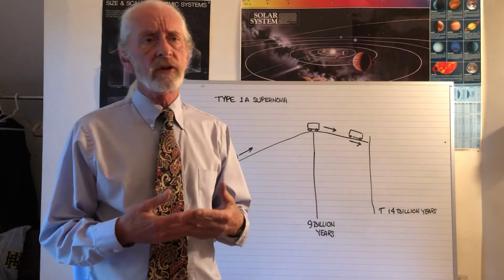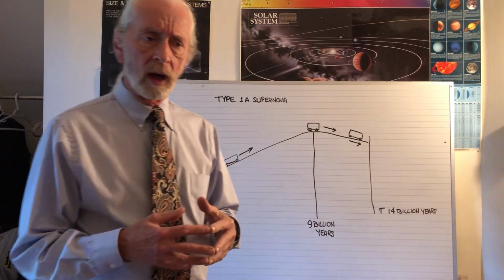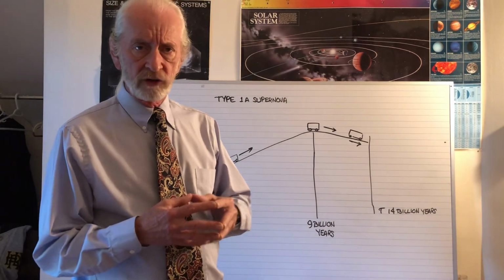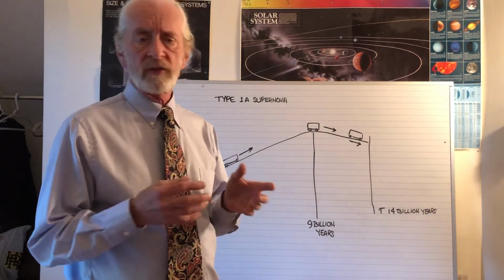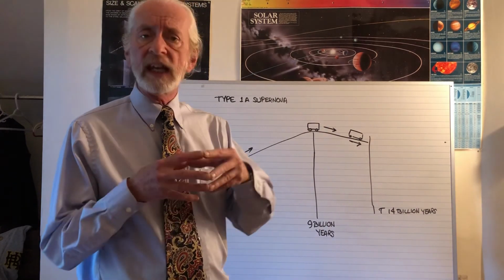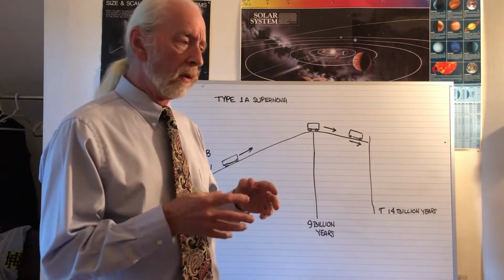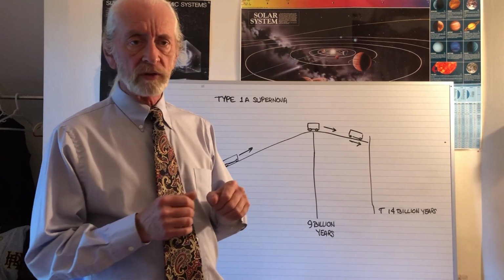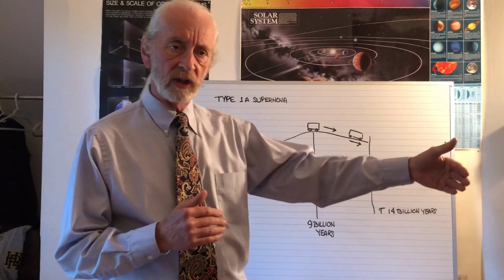When we use the word energy, let me go back to Newton's idea of energy and how he defined it. Newton defined energy as the ability to do work. Well, what did he mean by work? Work is an applied force times a certain distance.